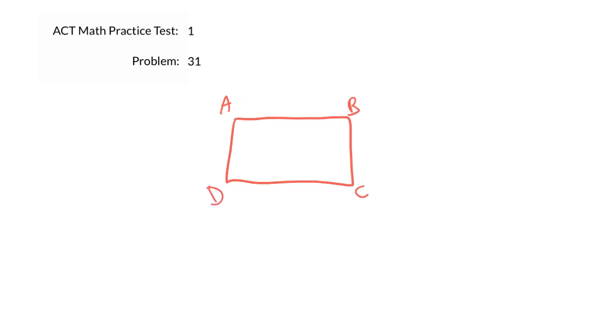If it's ABCD, well, it goes from A to B to C to D. Now, for the record, I could have done ADCB as well. But what I could not have done is A to C and then D, B or something like that. So we do need to preserve that order. Now, apparently the perimeter of the rectangle is 96 centimeters.